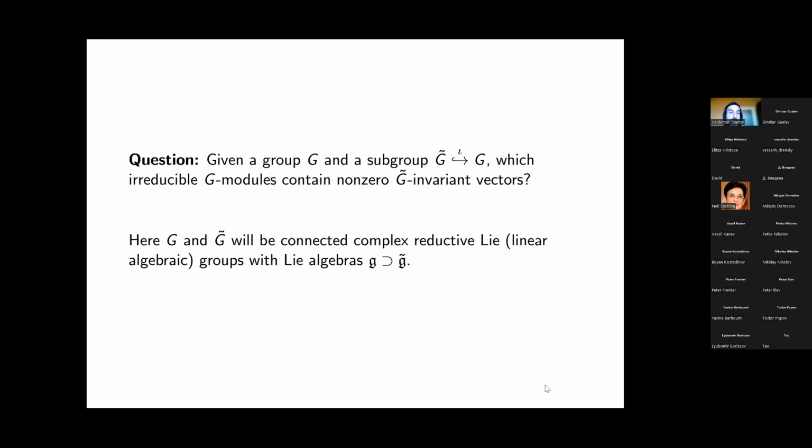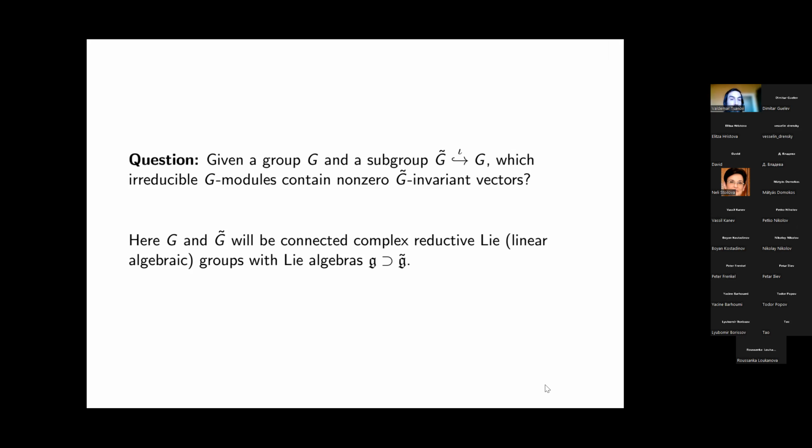And so above we are taking an irreducible representation of the large group and asking for invariants with respect to the subgroup. Now, this topic, or more generally decomposing the G-modules under G tilde, occurs in many situations.